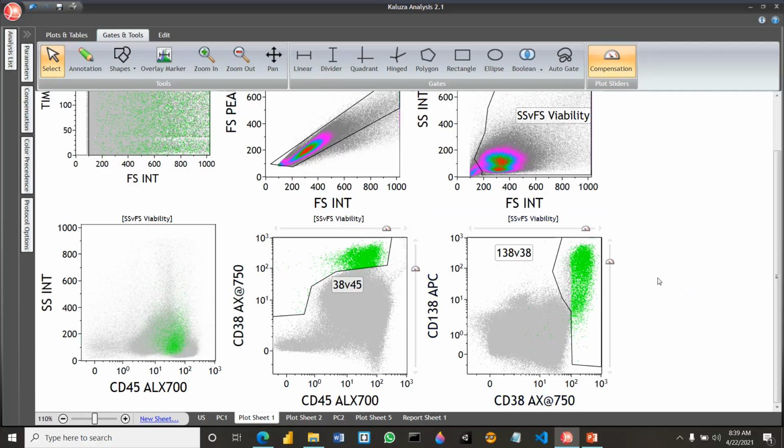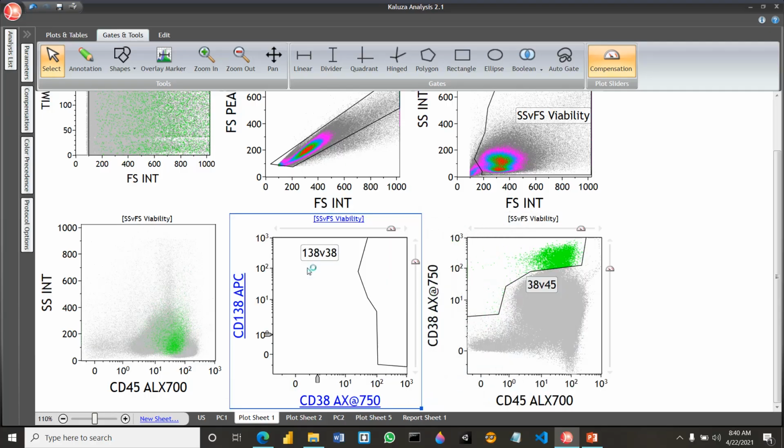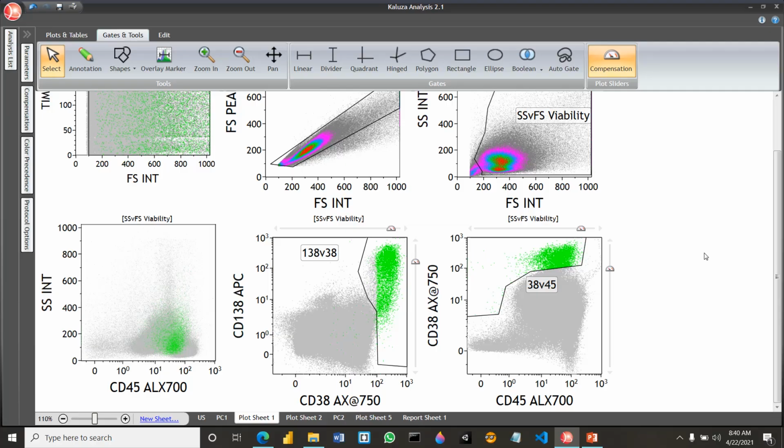And then once we know that we are not losing any cells because of CD138 and CD38, we know that this gate looks better in combination, which includes all these plasma cells. So between these two we can finalize one gate, and what we can do is if this gate includes more events, then we can apply this gate on top of the CD138 CD38 gate and include those plasma cells.